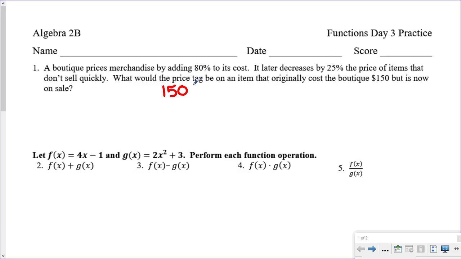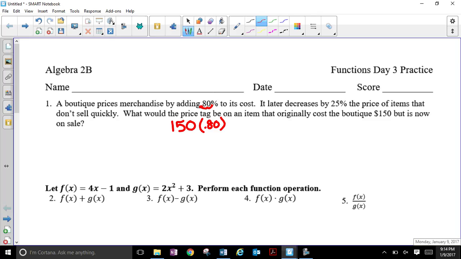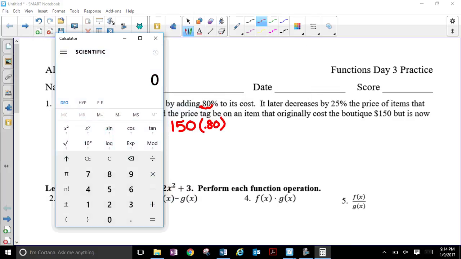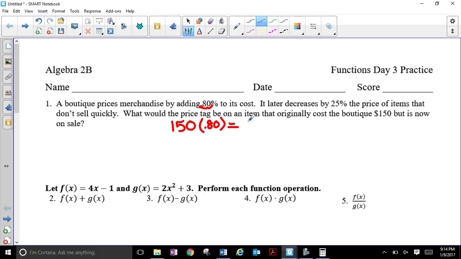So remember back when you did this in Algebra 1, you have to change this percent into a decimal, which means you move the decimal place 2 places to the left. So this will be 0.80. Okay, so you're going to multiply that out. I'm going to get my calculator here. We're going to do 150 times 0.8, which gives you 120.